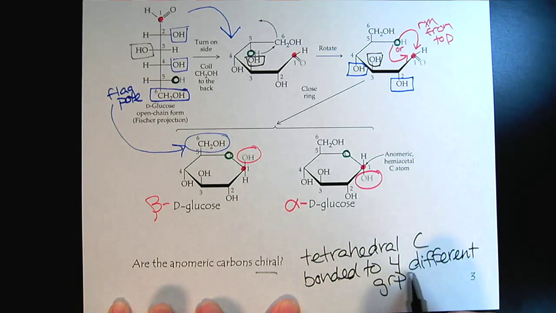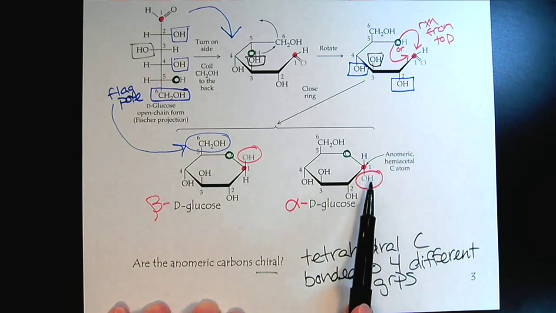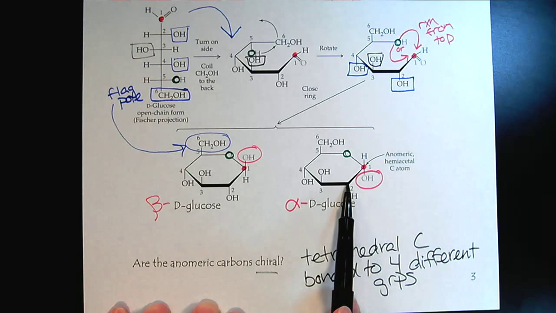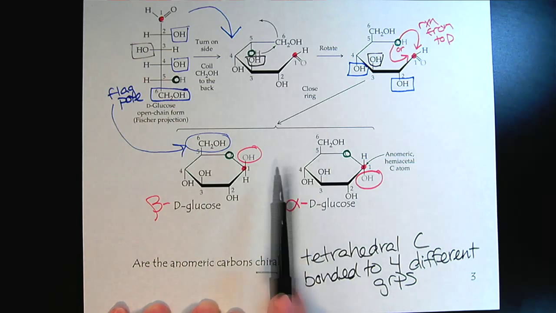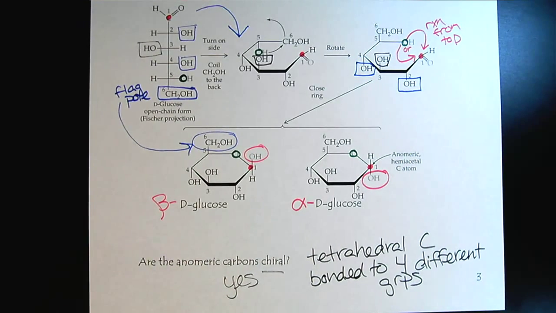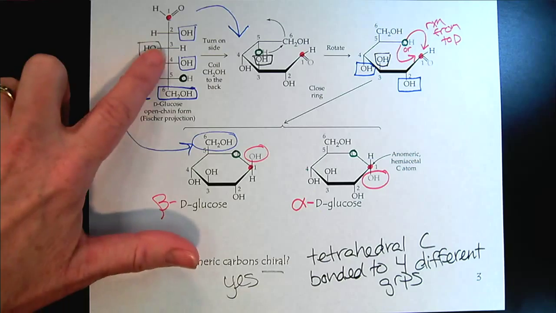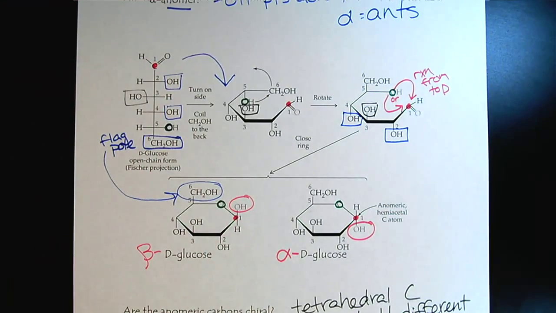And so if we look at these anomeric carbons, we can see they're bonded to a hydrogen, a hydroxyl, a very busy carbon, and an ether oxygen. So yes, anomeric carbons are chiral. Okay, so let's look at a couple more consequences now of the opening and the closing of the sugar ring.